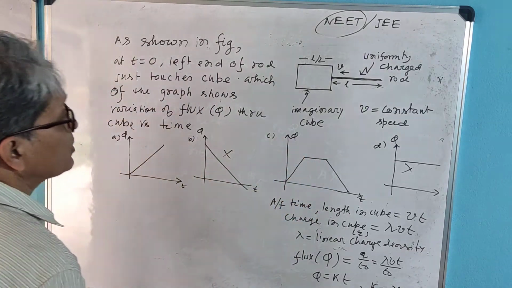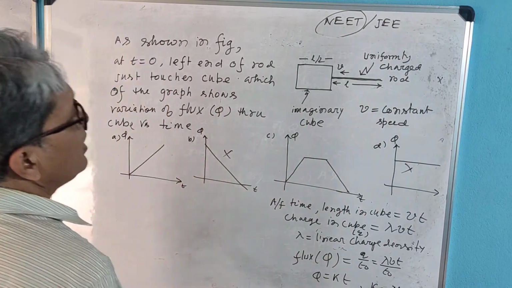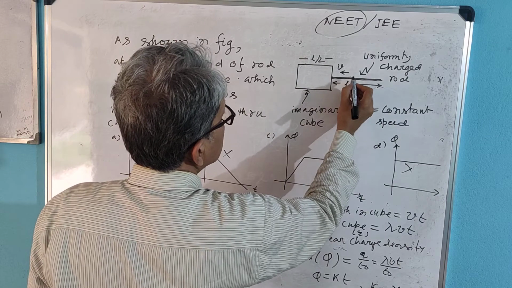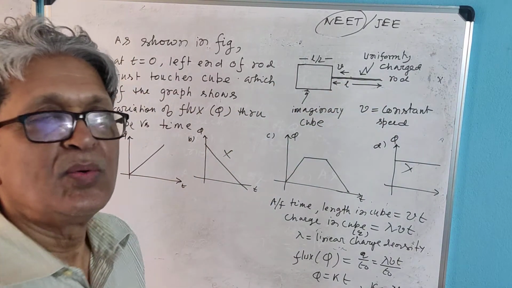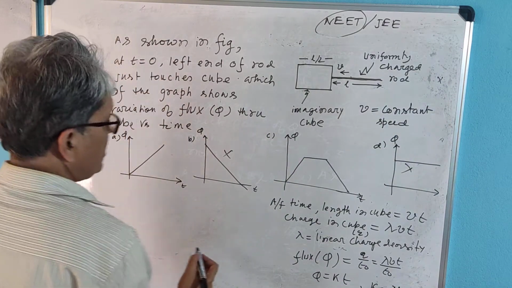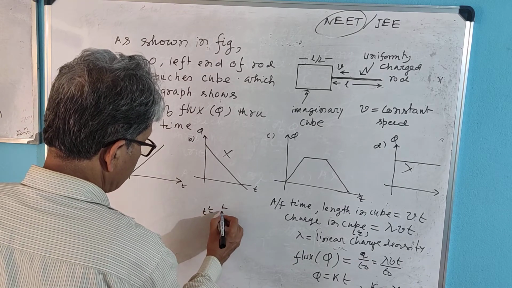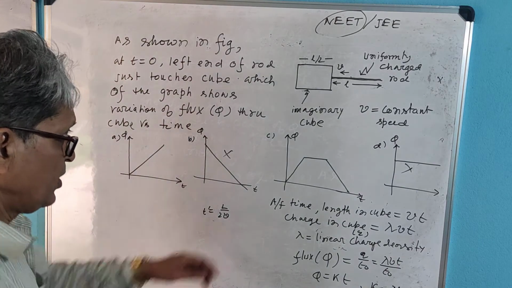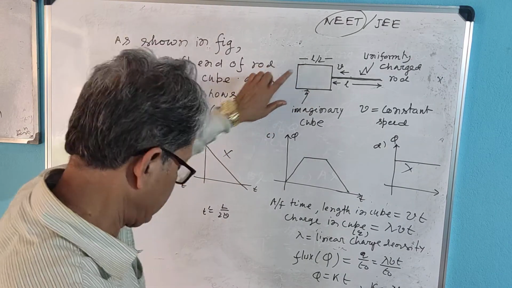What will happen? This is L by 2. After entering L by 2 length, the charge within the cube will remain constant for some time. This time will be taken to enter the cube and to reach the right end, t dash equal to L by 2v.